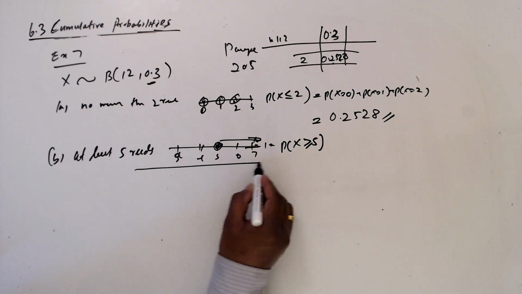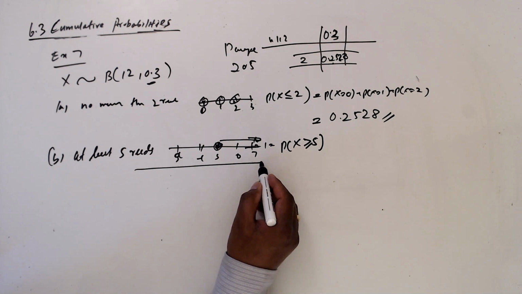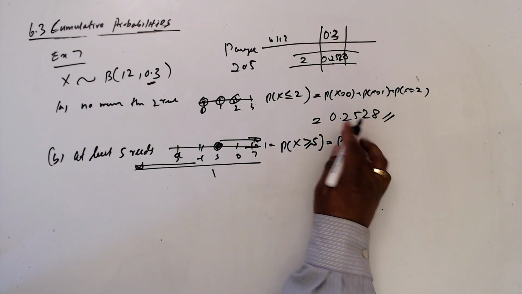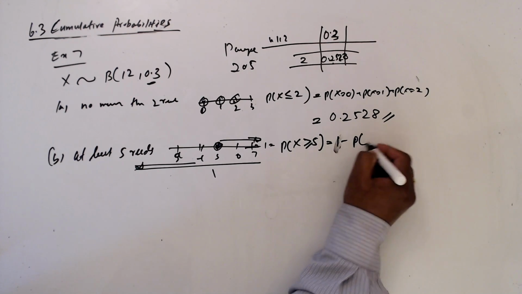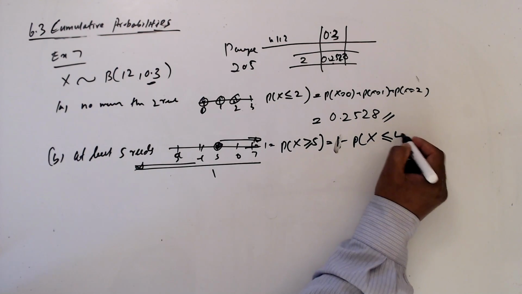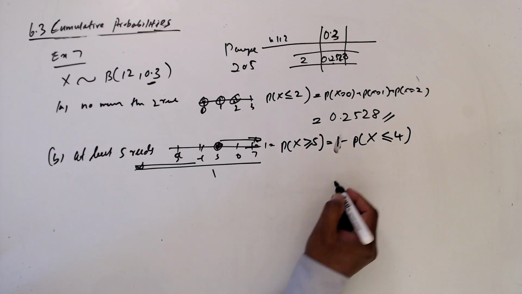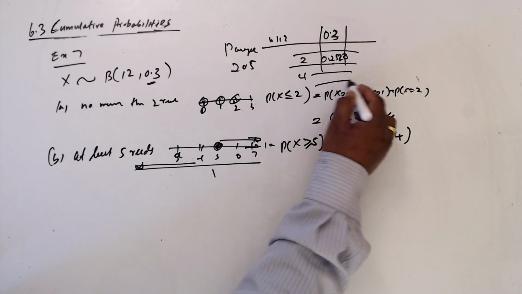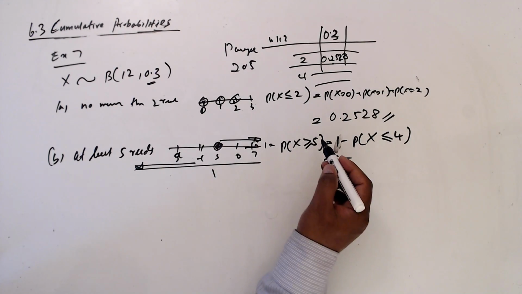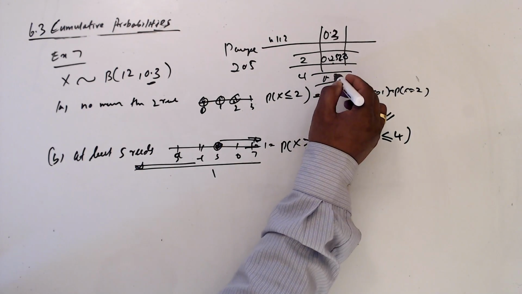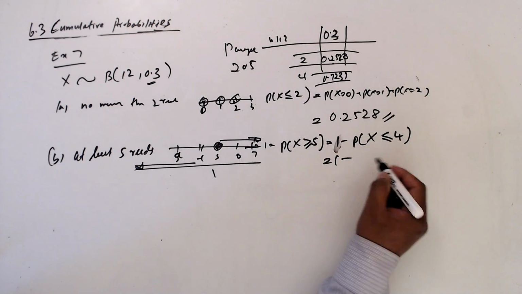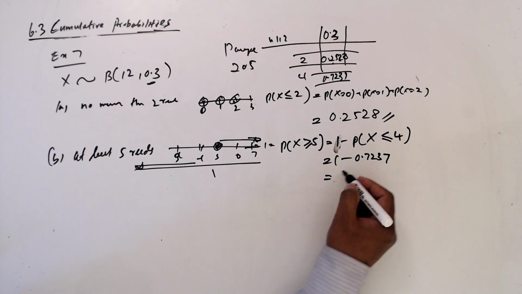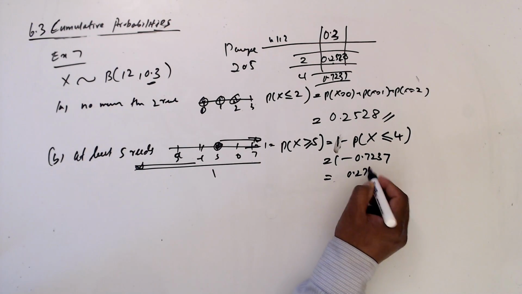Instead of that, you can do 1 minus the probability up to 4, which equals 1 minus the probability of x less than or equal to 4. Now you can read again from the table for n = 12, x = 4. You can read this value 0.7237, then 1 minus 0.7237, and your answer should be 0.2763.